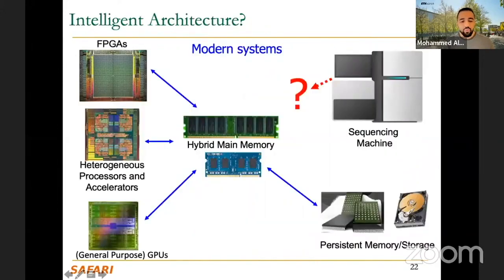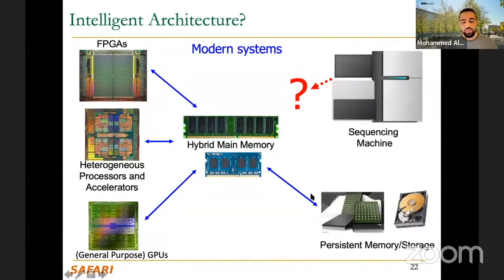Okay, so when we talk about hardware, what is the right hardware to use for a specialized analysis? This is what we call a sequencer, which provides you the reads, or pieces of your DNA. Then you may want to store it in storage or SSD, and then move it to the main memory, and then to specialized cores, FPGAs, or GPUs, or even heterogeneous processors where you have SIMD cores and so on.